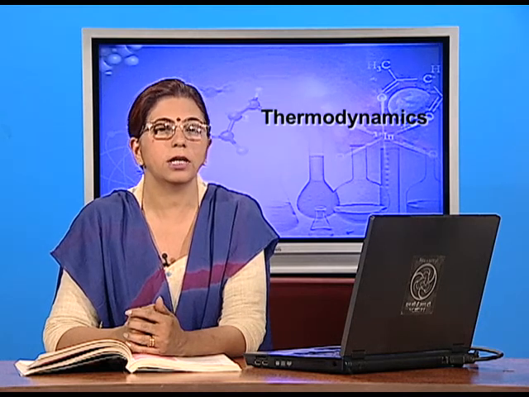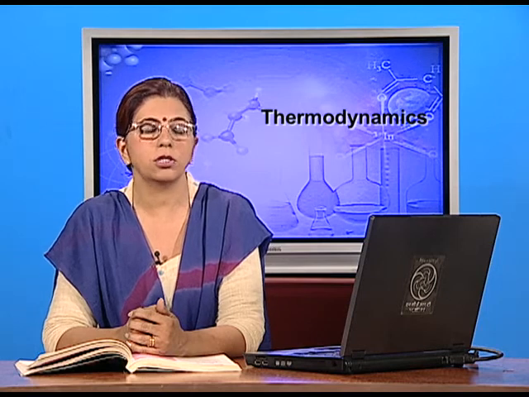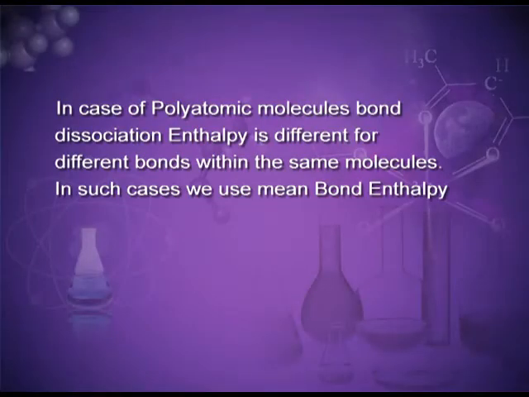In the case of hydrogen-like molecules like chlorine, that is the diatomic molecules, the enthalpy of atomization is equal to the bond dissociation enthalpy. But in the case of polyatomic molecules, the bond dissociation enthalpy is different for the different bonds within the same molecule.